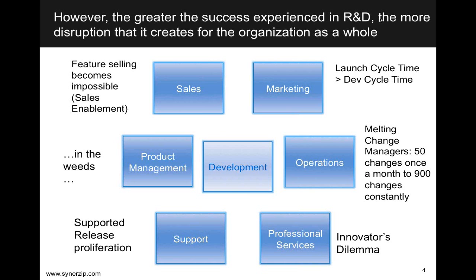And product managers, it's well documented how product managers get blown up when Agile becomes successful. They get bogged down in the weeds, daily conversations with developers, helping them understand what's going on. They get pulled out of the field, so they're not getting the same level of input, and it becomes a challenge for product management to then cope with the new world of high-performing Agile teams.